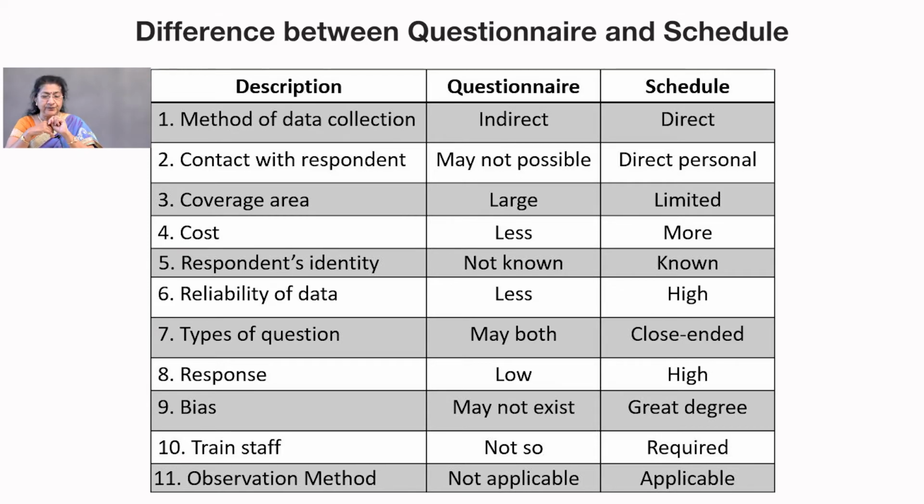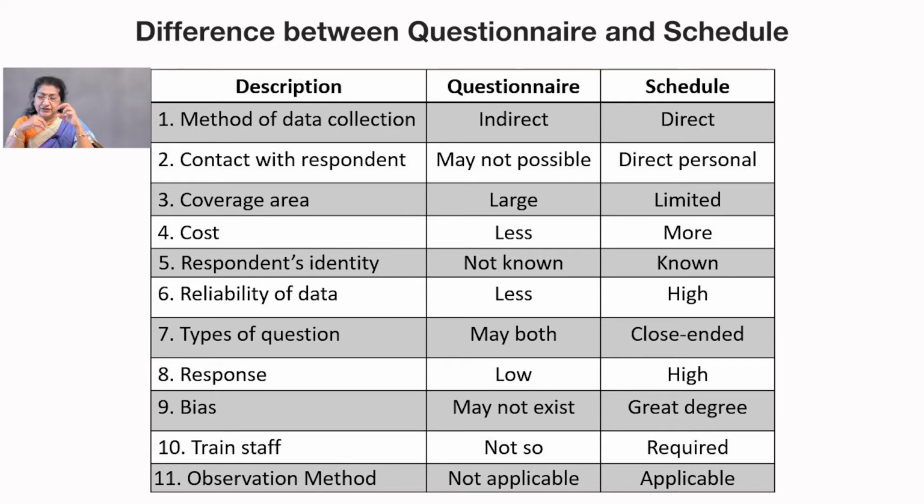Second point is contact with the respondent. If you use an indirect method, then it may not be possible, while in a schedule it is always possible. Then the third point is about coverage of area.